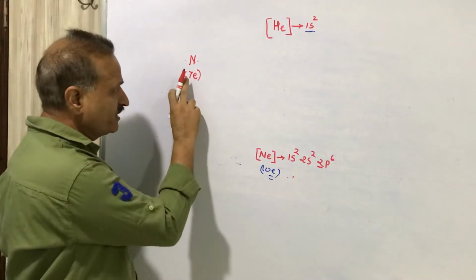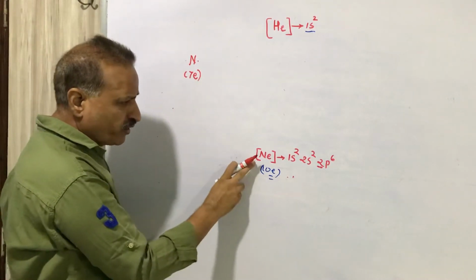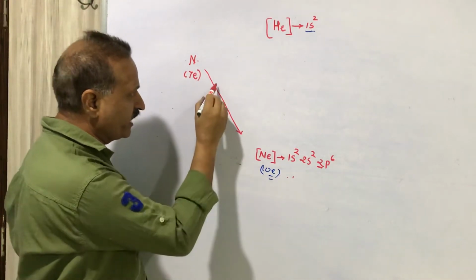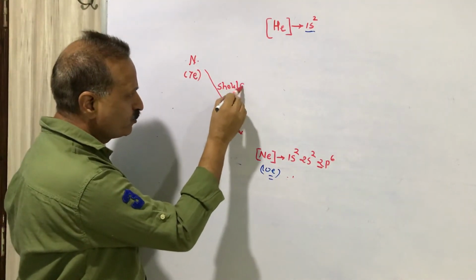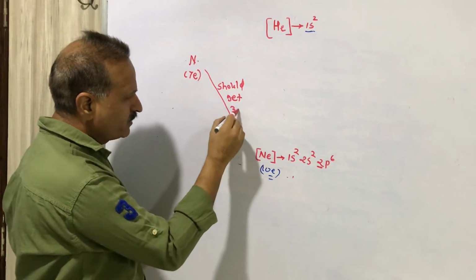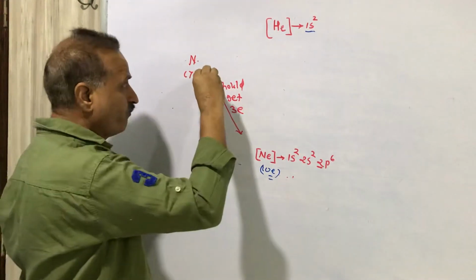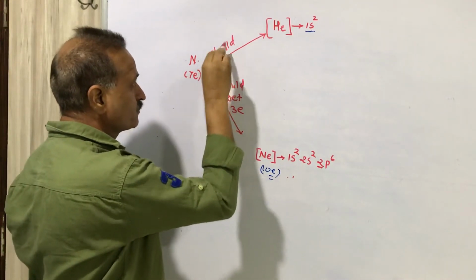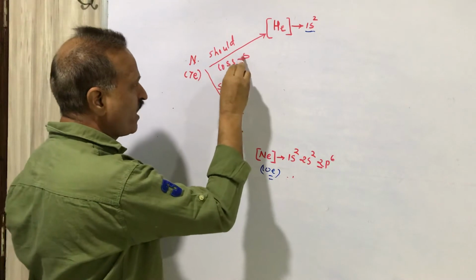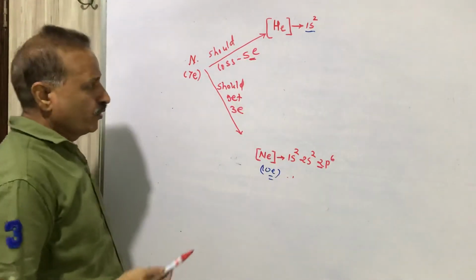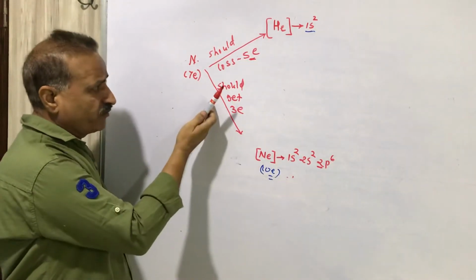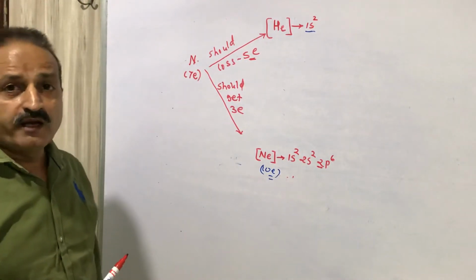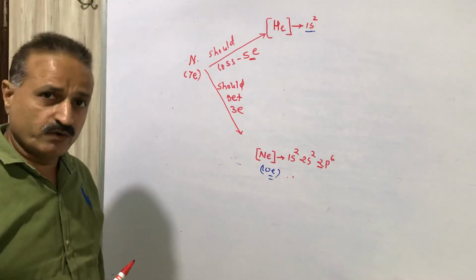Nitrogen has 7 electrons, and to convert into neon, nitrogen should get 3 electrons, and to convert into helium, it should lose 5 electrons. Getting 3 electrons is easier than losing 5 electrons. It proves that nitrogen will get 3 electrons.